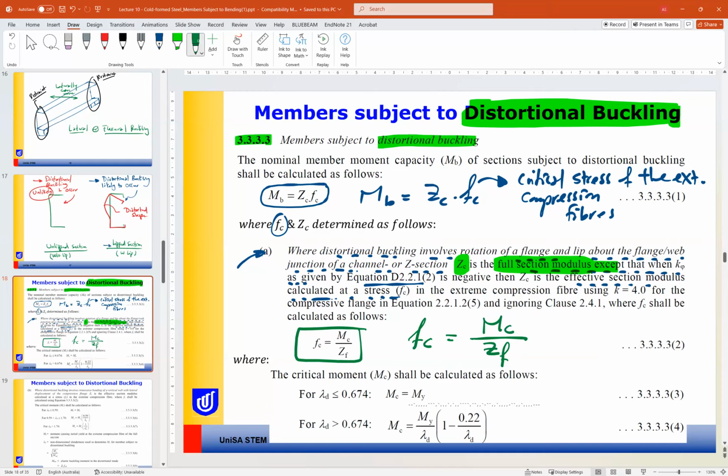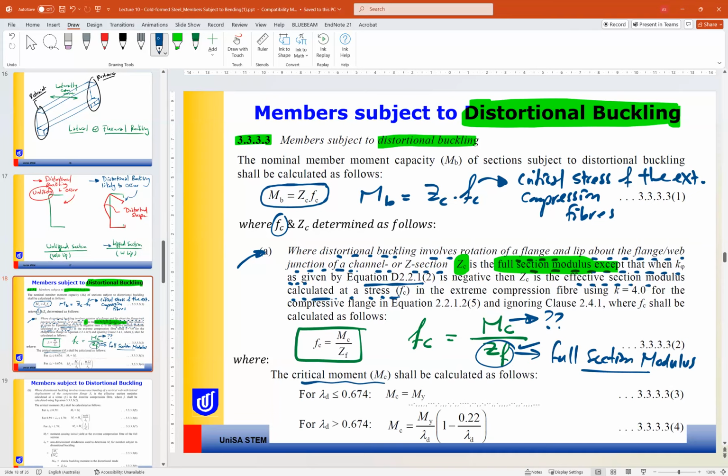So FC here again is MC over ZF, where ZF is the full section modulus from the table. So no problem with ZF. So the issue is how to find MC. So MC is the critical moment.